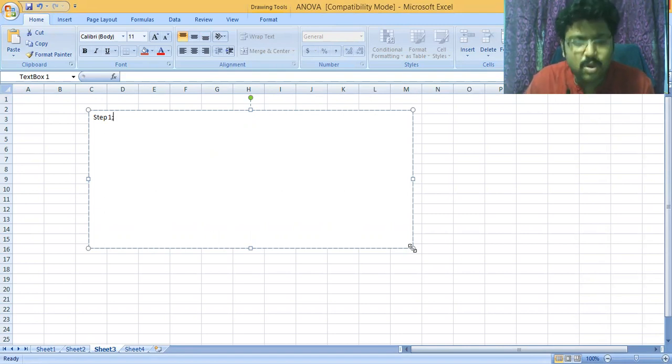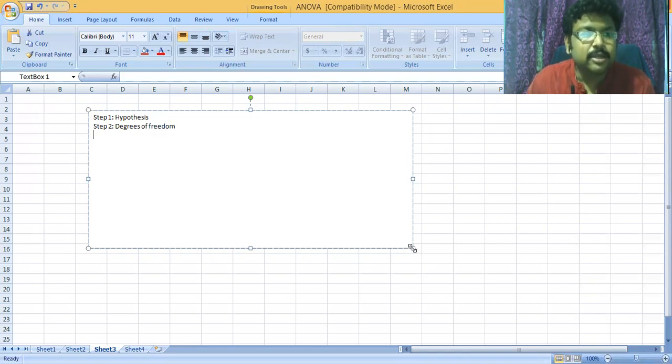In this step, you have to select the hypothesis. And in step 2, you have to calculate the degrees of freedom.